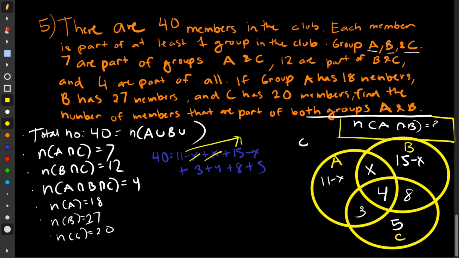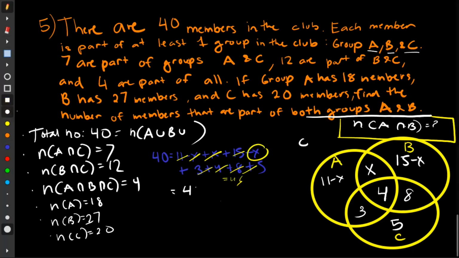So the whole constant for this part would be 46, since we still have this one left X, just to take note. So 40 would now be equal to 46 minus X. So transposing this one over here, we have negative 46 plus 40 equals negative X, which is equal to negative 6 equals negative X, or X equals 6.